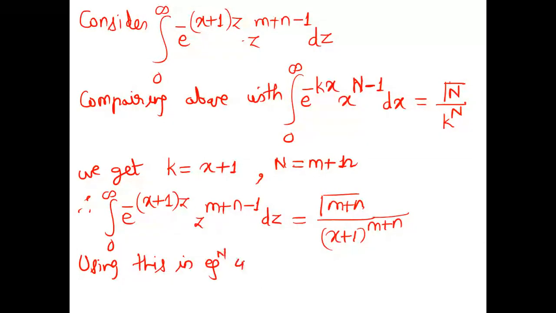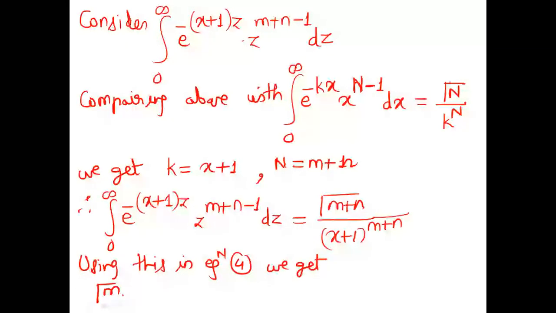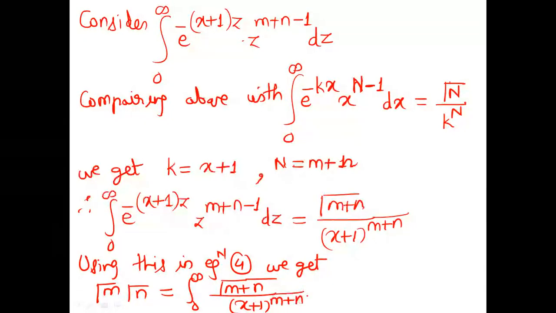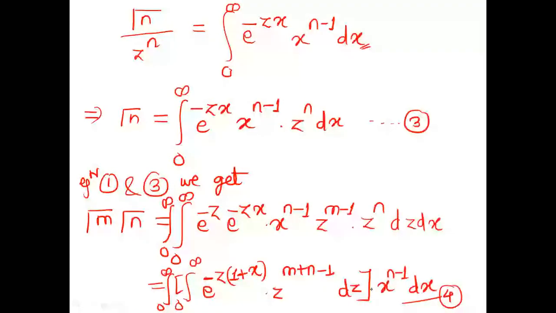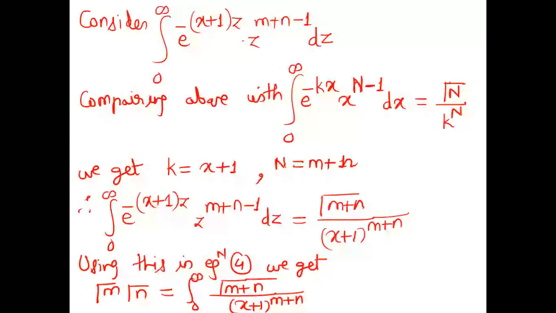Using this in equation 4, we get gamma of m into gamma of n is equal to integral 0 to infinity of the value of the inner integral, that is gamma of m plus n upon x plus 1 raised to power m plus n, then what is left, x to the power n minus 1 dx, integration with respect to x.